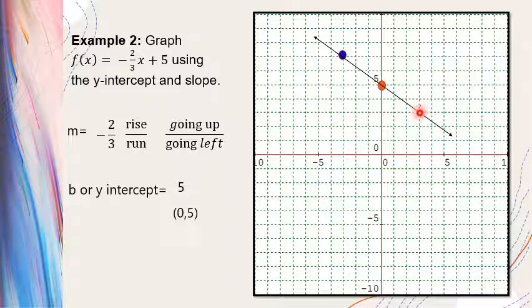So that's the same line and the same point. The important thing is that the line lies at the points of the slope, so either here or here.